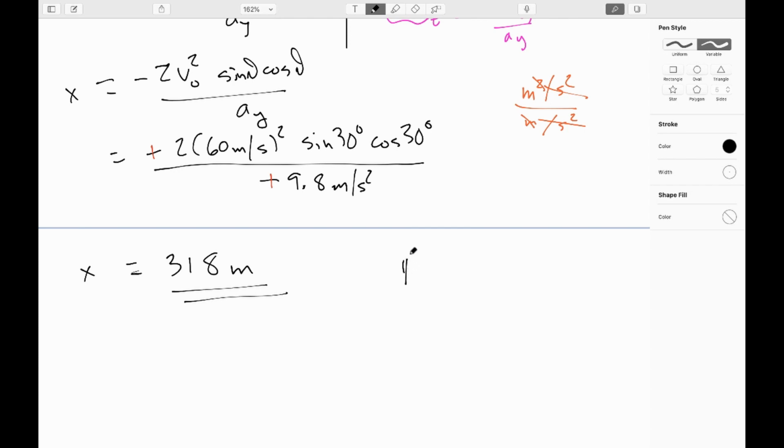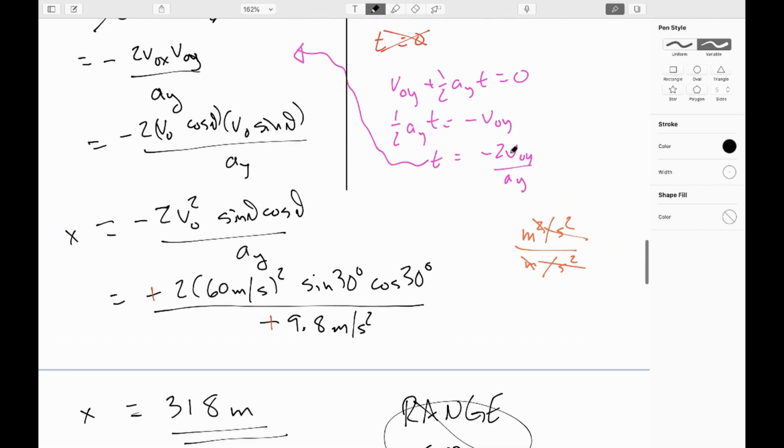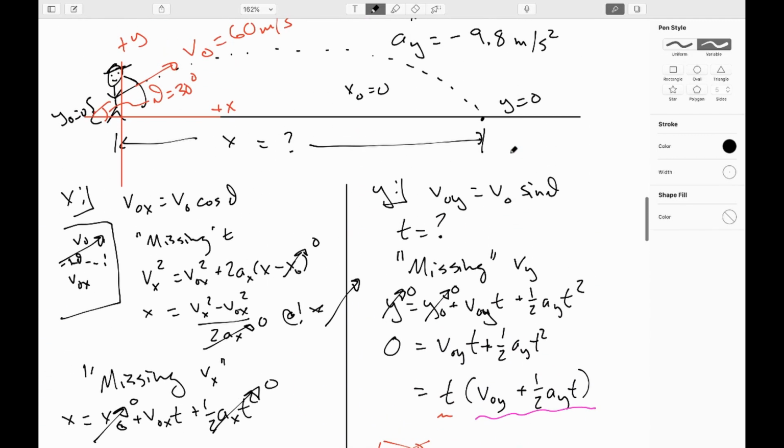The reason is I am not a big fan at all of the range equation. And if you know it, I'd strongly urge you to try to forget it. The reason is that the range equation is only valid if you are shooting from ground to ground on level ground.